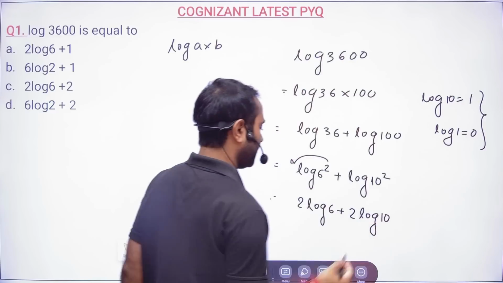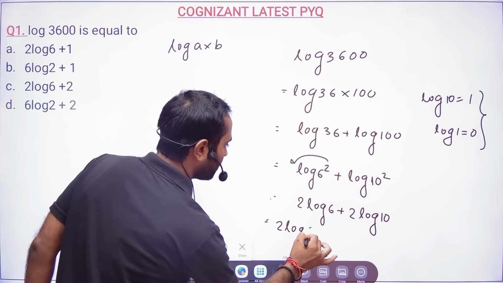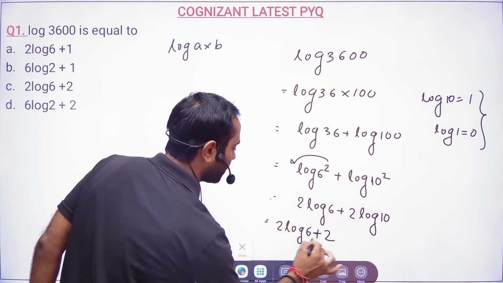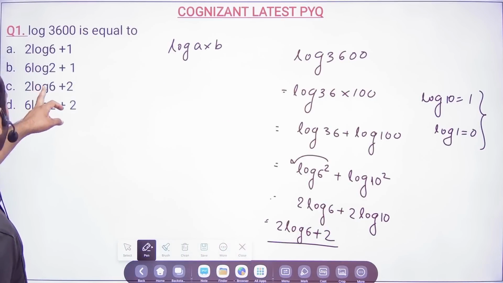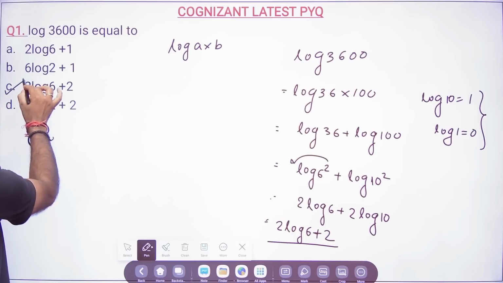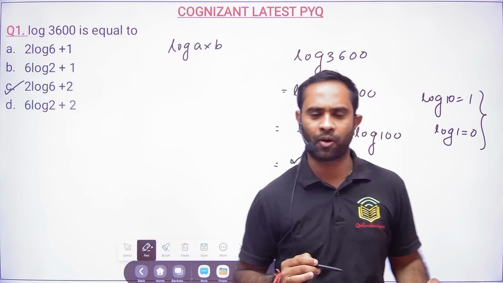This you have to keep in mind. So this will become 2 log 6 plus 2. Now let's see the options. Here we have 2 log 6 plus 2, so option C becomes the correct answer for this particular problem.